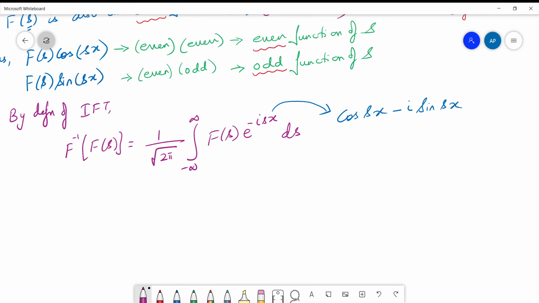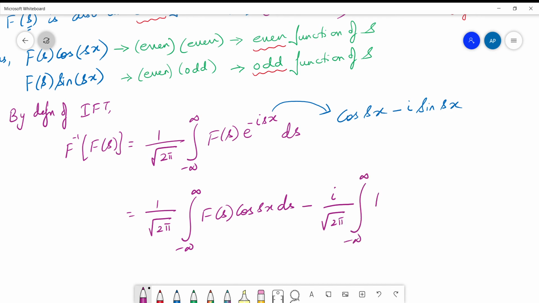By doing so, I split this integral into two integrals: 1 by root 2 pi integral f of s cos sx ds, minus i divided by root 2 pi integral from minus to plus infinity f of s sin sx ds. Now look at the nature we have found. This is even, this is odd, and the odd one we shall remove and make it 0.